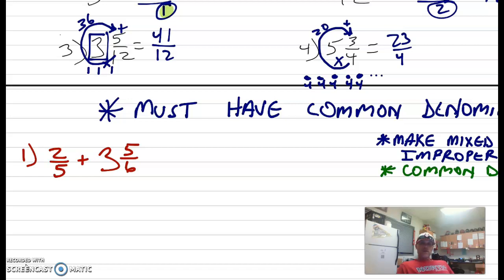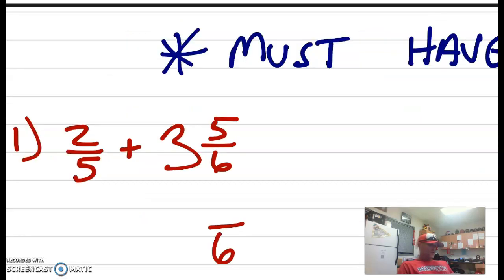So first thing we need to do is make that mixed number, 3 and 5/6, into an improper fraction. Our denominator is still going to be a 6 until we change it later. How many parts does it take to make a whole? That's what the denominator means. It takes 6 parts to make a whole thing. Well, we have 3 whole things, and each one is worth 6 parts.